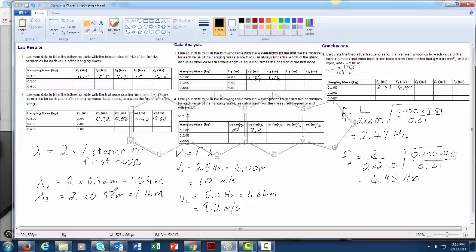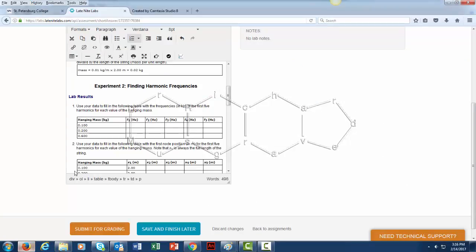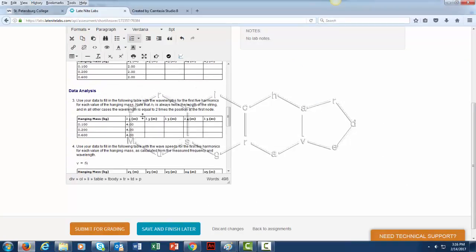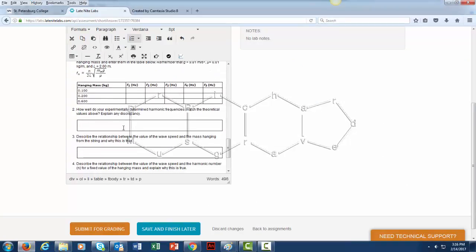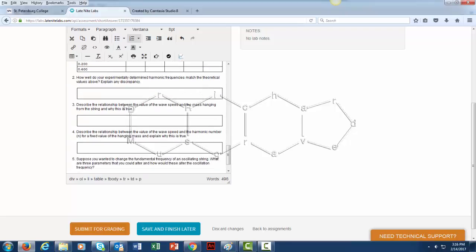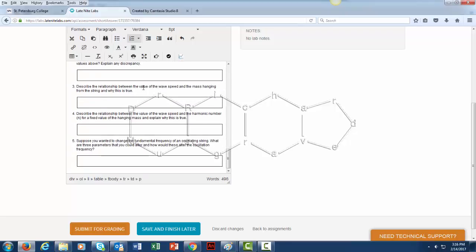A couple of the other questions that you're going to answer as we go through this. It asks you again for this relationship that we just talked about. It also asks for the relationship between the value of the wave speed and the mass hanging from the string.